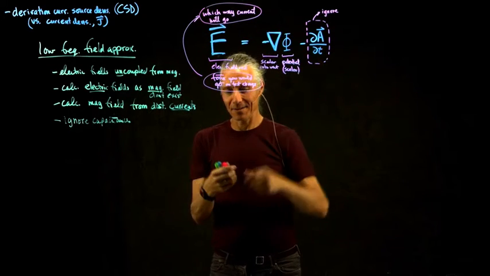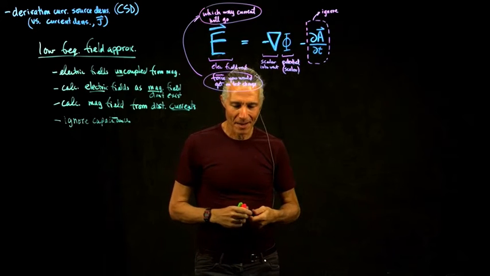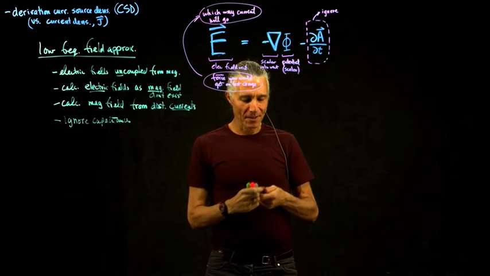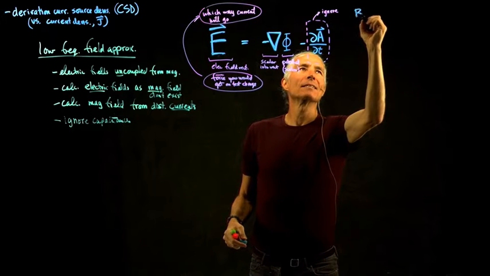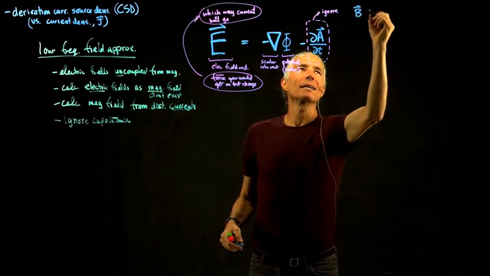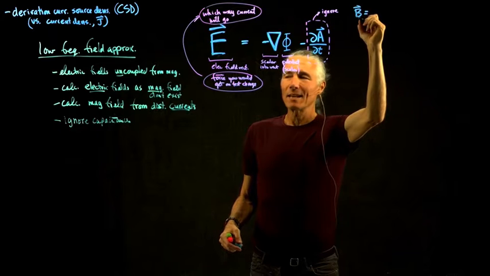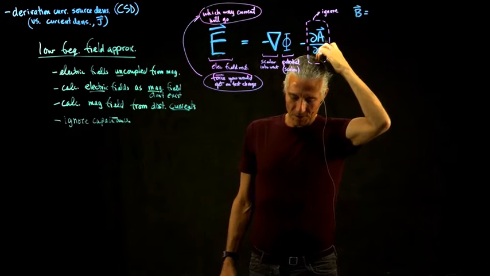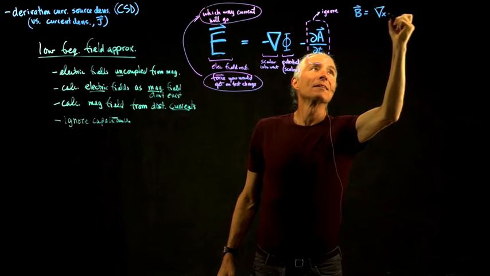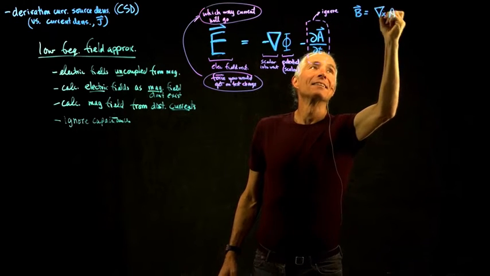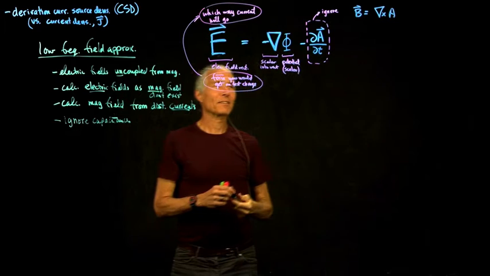Now we've got A. A is called the vector potential, and it's sometimes defined in this kind of backwards way as the magnetic field equals the curl of A. So that's sort of unhelpful.